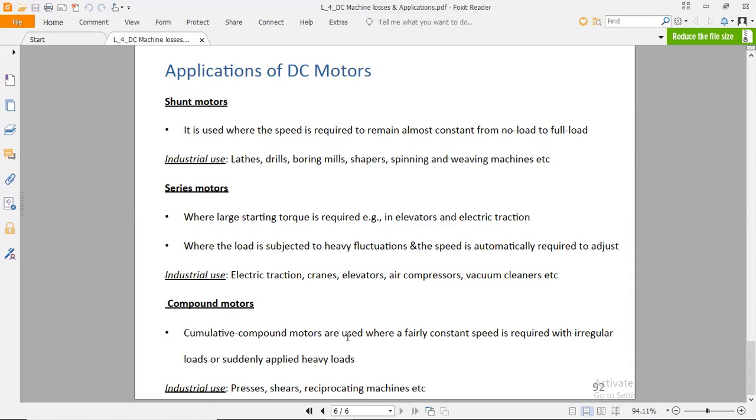Cumulative compound motors are used where a fairly constant speed is required with irregular loads or suddenly applied heavy loads.